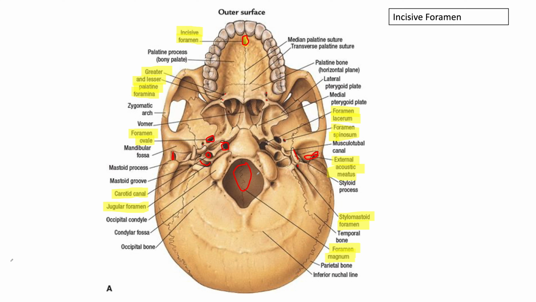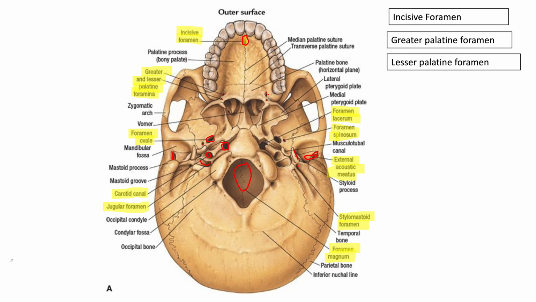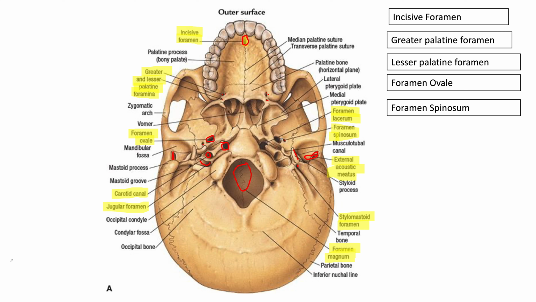Okay. So the first one was incisive foramen. Next we have greater palatine foramen. Next we have lesser palatine foramen. Then we have foramen ovale, foramen spinosum right next to foramen ovale.